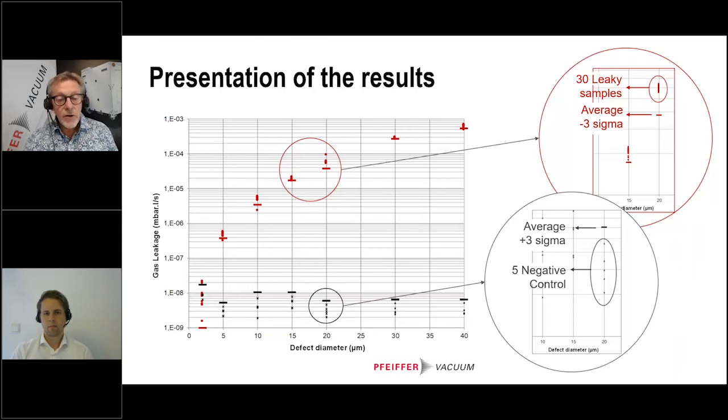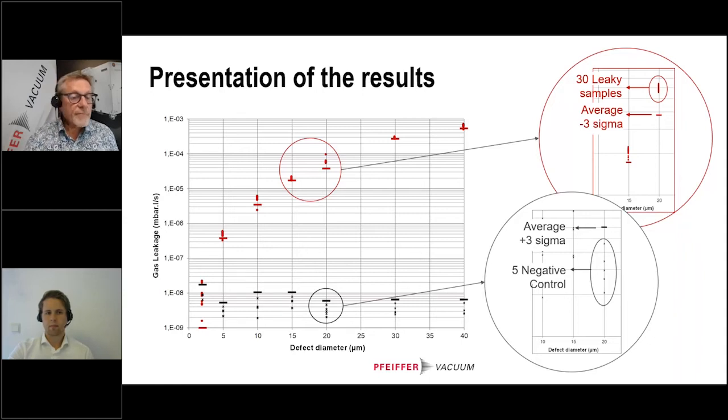The dark crosses correspond to the 5 negative controls, and the dark line to the average value plus 3 sigma. So of course, if you have a big difference, or no overlap, between the average value of the leaky samples minus 3 sigma and the average value of the tight samples plus 3 sigma, the method is applicable and you can use it.